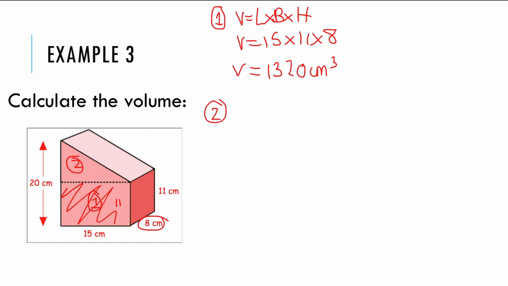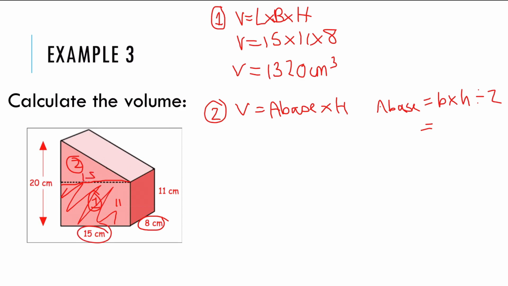Shape 2 is our triangular prism. So we've got V equals area of base times height. So let's work out the area of our base first. B times H divided by 2. So the base of this triangle here, we can pull from down here, 15.